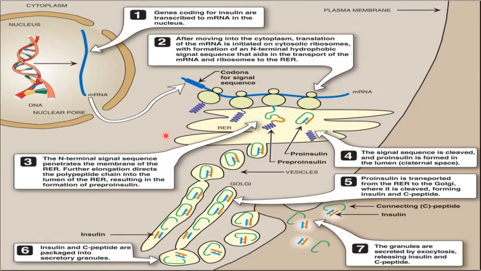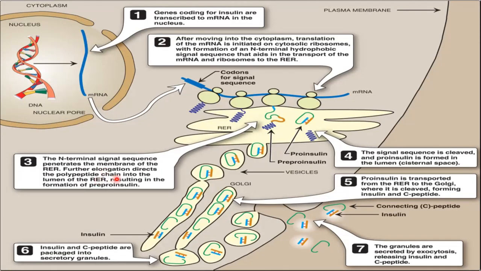Once at the rough endoplasmic reticulum, it will penetrate the membrane. Then we start elongation, or the translation of the polypeptide chain that will form insulin eventually.